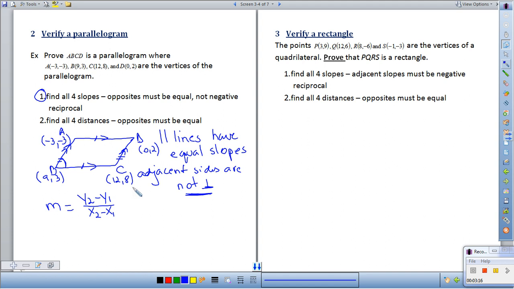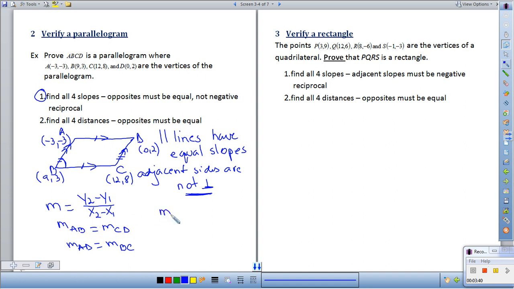And at home, I want you to calculate the slopes for AB, which should be equal to the slope of CD, and the slope of AD, which should be equal to the slope of BC.